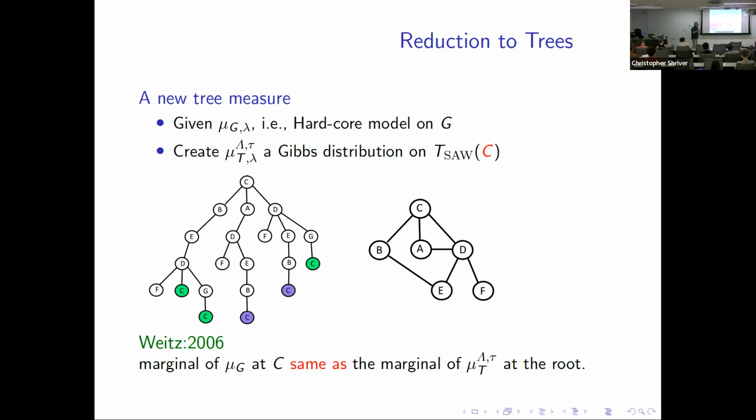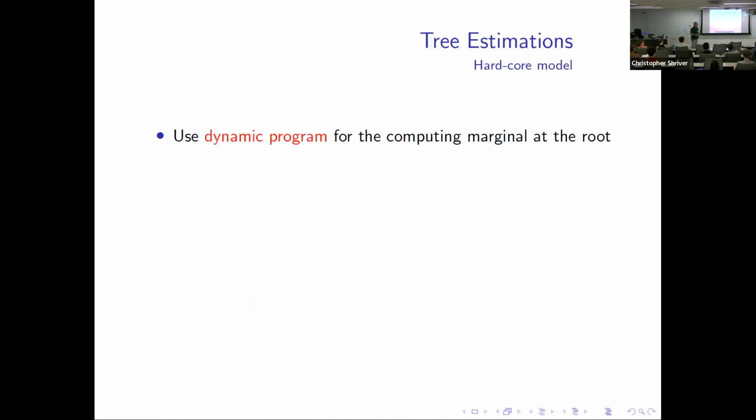And so, of course, this means that the probability of being occupied here is the same as this one here, but somehow this is great news, right? Algorithmically. Why? Basically, because now you can estimate any marginal you'd like for the root by using dynamic programming.